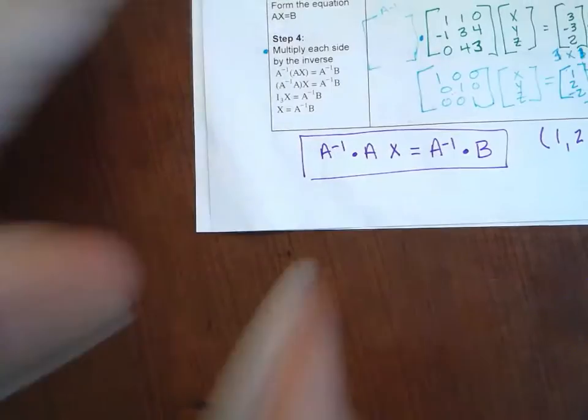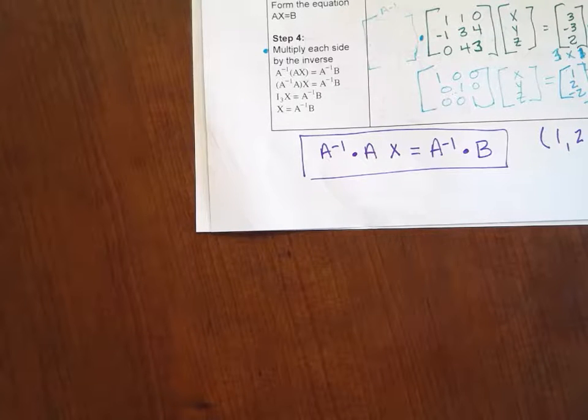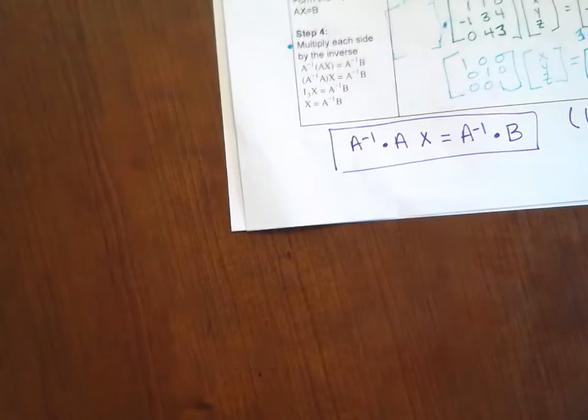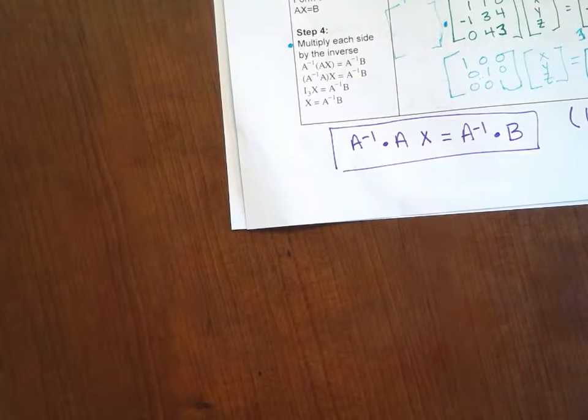If you set your equation up like that, you won't have the dimension mismatch. And then it's literally just a matter of plugging and chugging into the calculator. So you do the inverse first.